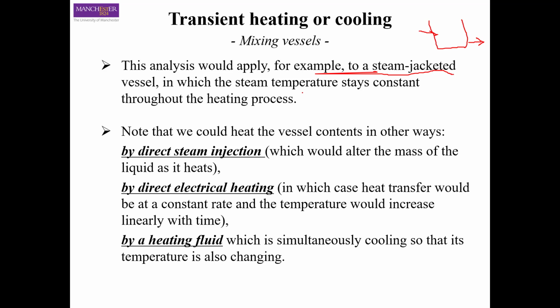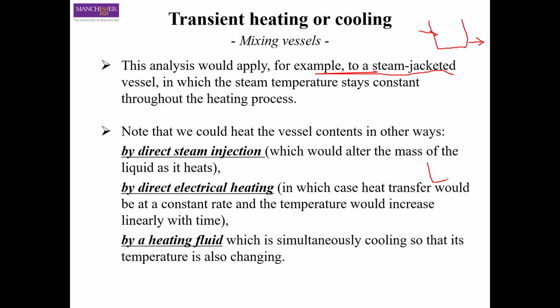But there are other ways we can heat this fluid. For example, we can use direct steam injection. It means that we are feeding steam to the reactor. Because we are feeding steam to the reactor, when it is heating the fluid, it's also increasing its volume, because steam is being condensed when it is heating the system. The second method can be direct electric heating.